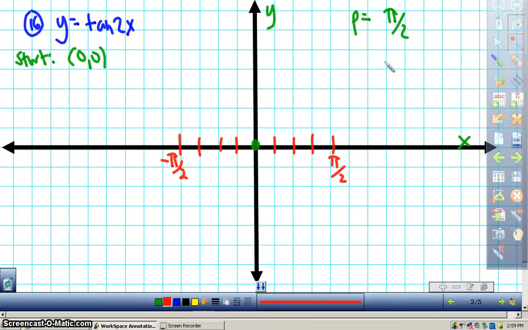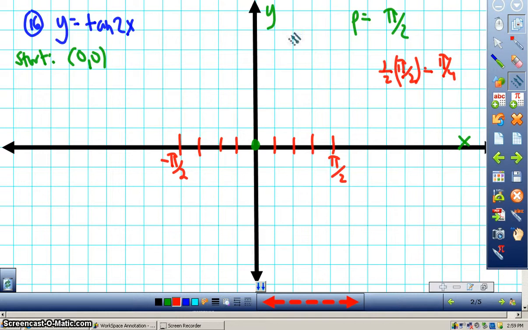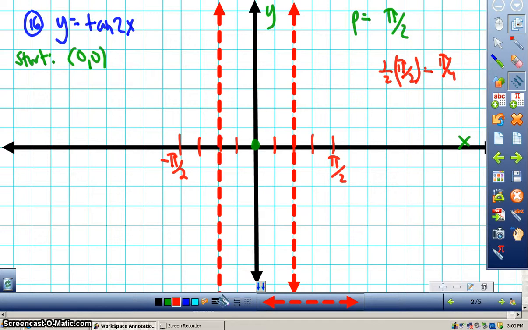Now, if I take half of pi over 2, that is pi over 4. So really, I have to draw my asymptote to the right at positive pi over 4, and to the left at negative pi over 4. And again, the distance between would be pi over 2.